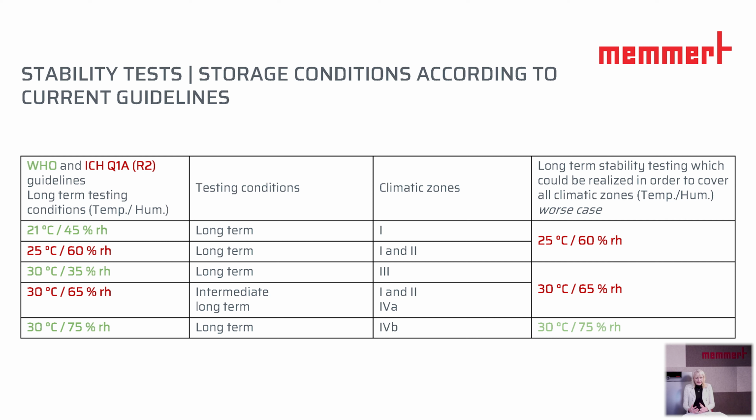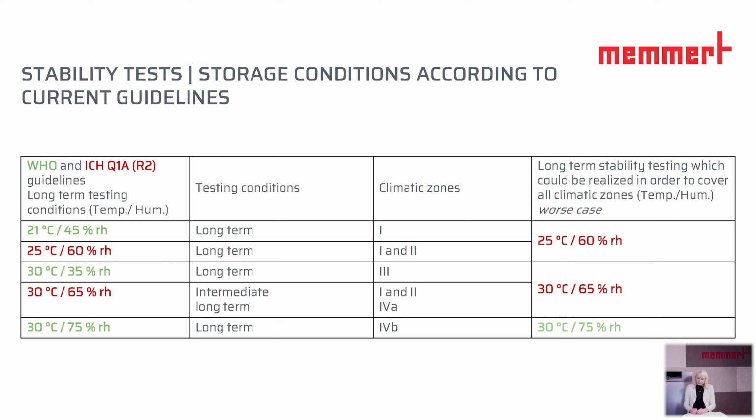The ICH guideline covers climate zones 1 and 2. Here on this chart we can see the different climate zones available on the globe, and here we have also mentioned WHO, which refers to climate zone 3 for A and for B. Climate zone 3 is hot and dry climate, and here the testing shall be done at 30 degrees and 35% RH.